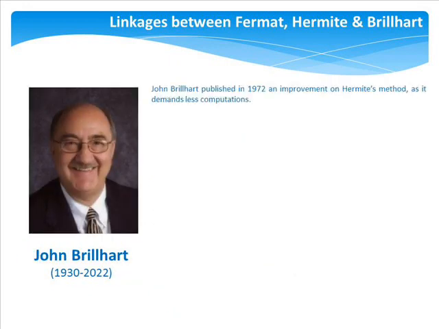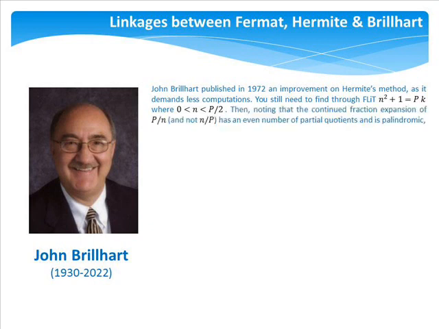John Brillhart published in 1972 an improvement on Hermite's method, as it demands fewer computations. You still need to find, through Fermat's little theorem, an n squared plus 1 that is equal to p times k, where n is bigger than 0 and smaller than half the value of p.